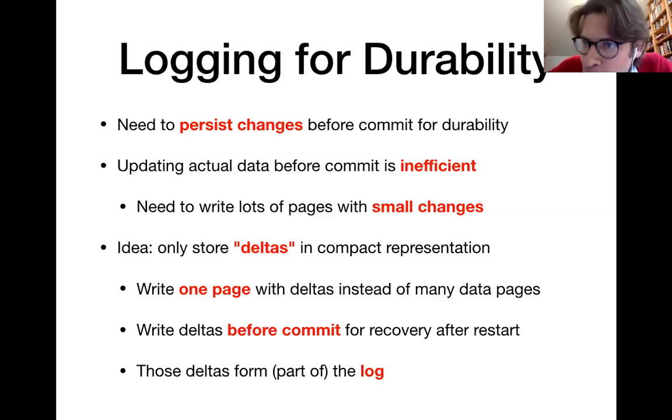And that is much more efficient than writing all those different data pages that the transaction has changed. And then we just have to make sure that this logging-related data are written to hard disk before the transaction commits. And so even if we haven't changed the actual data, since we have a list of the updates to the data, that is sufficient in order to recover the data if there's a crash once the system comes back online.